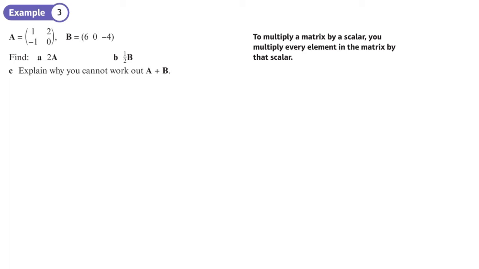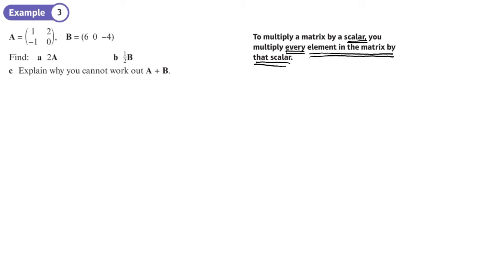Right, here we're going to have a number in front of a matrix, which we call a scalar. And whenever you have a scalar, a number in front of a matrix, you multiply every element in the matrix by that scalar. It says it here. I can't probably say it better than that. Every element in the matrix gets multiplied by the scalar.